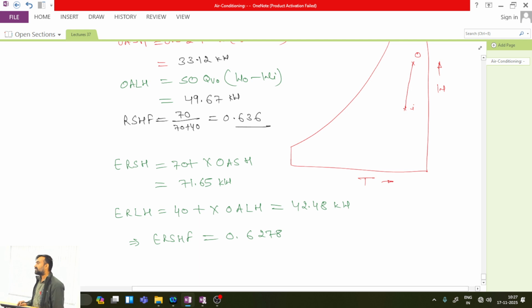Let's draw this effective room sensible heat factor on the psychometric chart. What I will be getting? Draw this on psychometric chart. This is my ERSHF. I have drawn it on psychometric chart. Whenever I am drawing it on psychometric chart, what is the value of ADP I am getting? Please tell me.